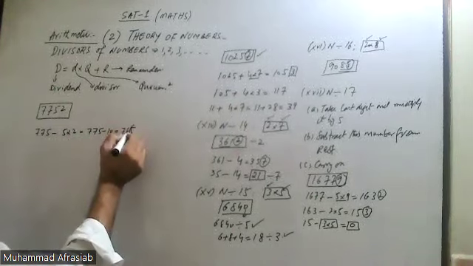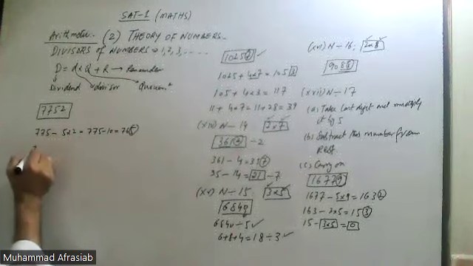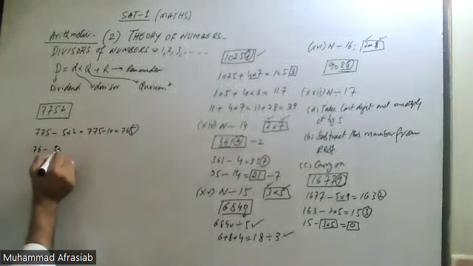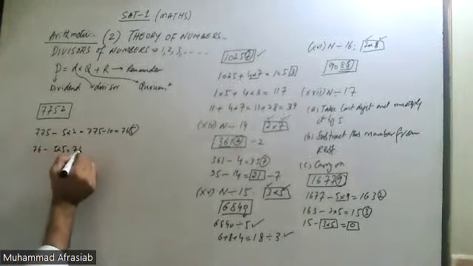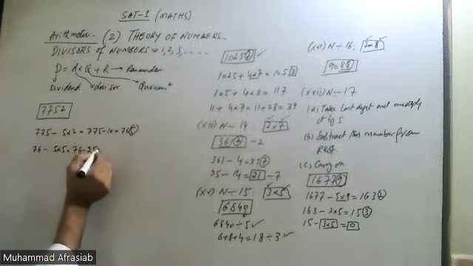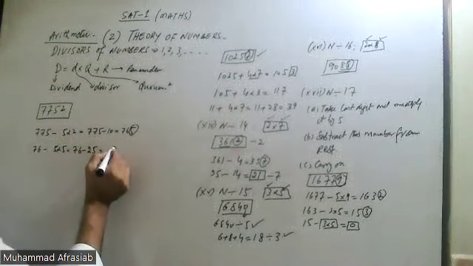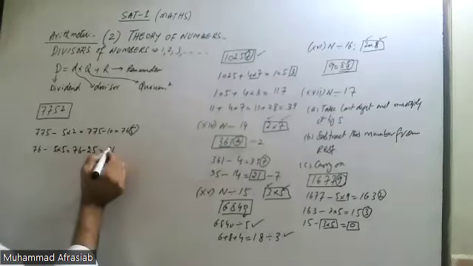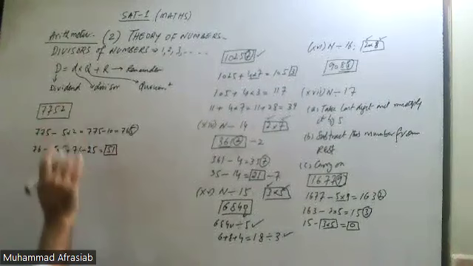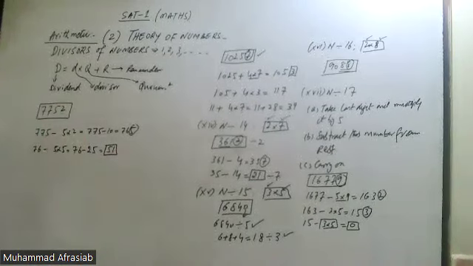Then we again take this multiple, 76 minus 5 into 5, that is 76 minus 25, which is equal to 51, and this 51 is divisible by 17. So this number is also divisible by 17 there. Then we are going to proceed to the next number.